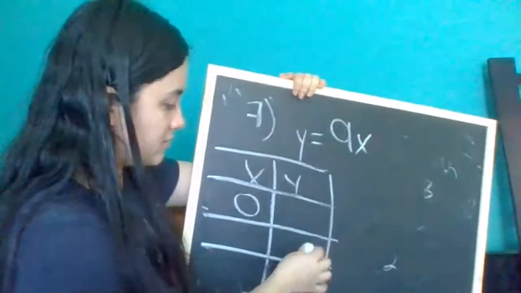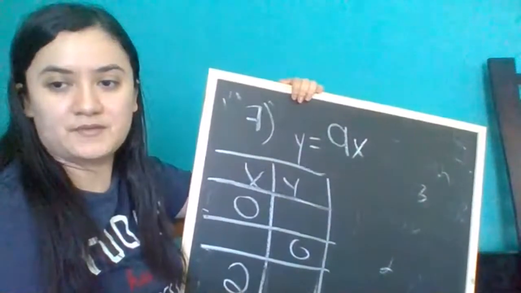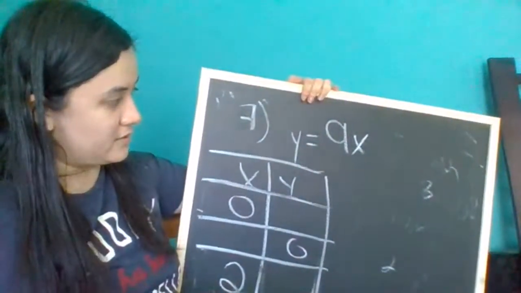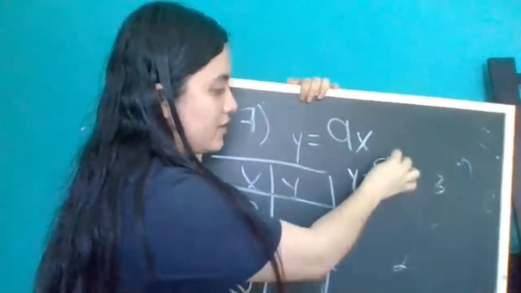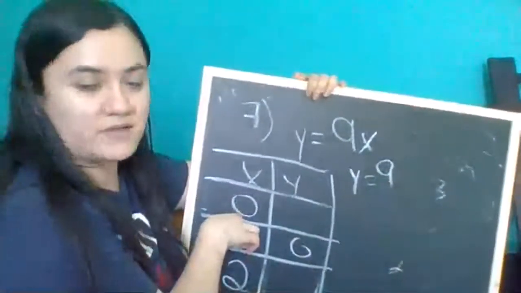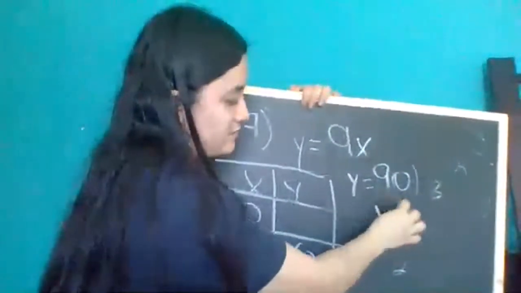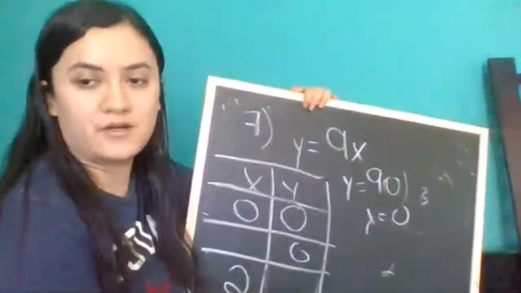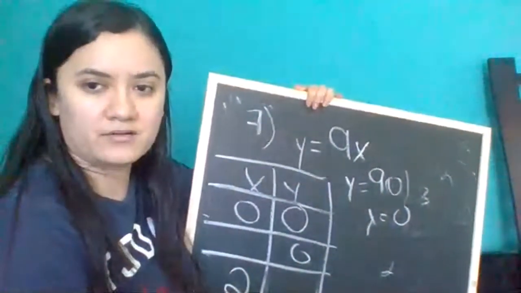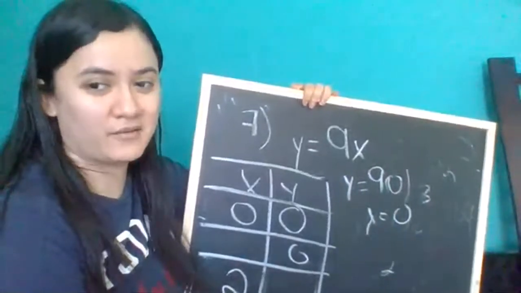Let's do the process. 0 in here, and we have a 2, right? So let's substitute. y equals 9 times the x that we have, that is 0. And 9 times 0 is 0. Very good, guys. Why 4? No, it's 0. Very good.